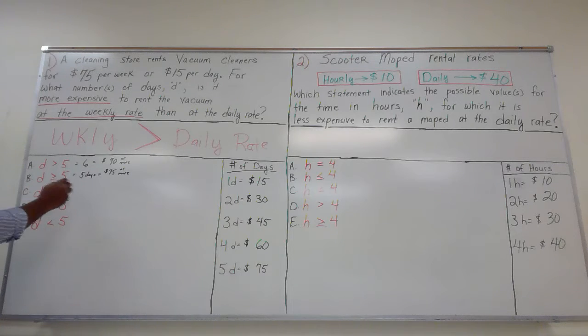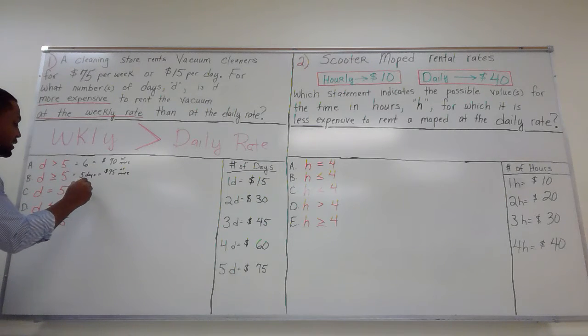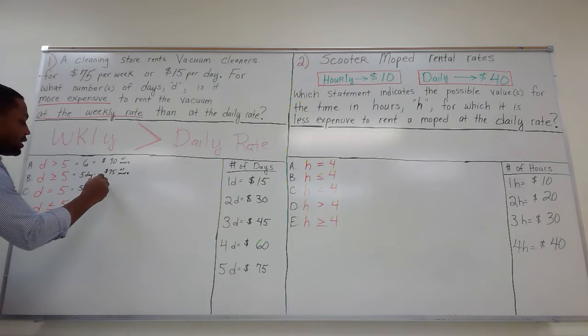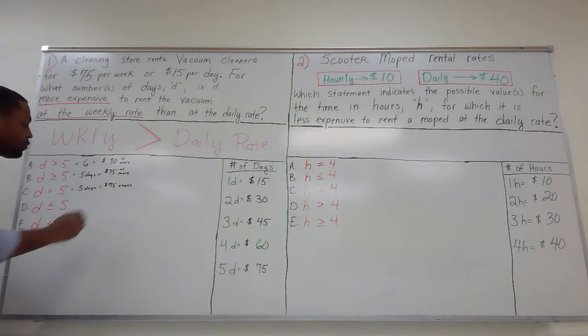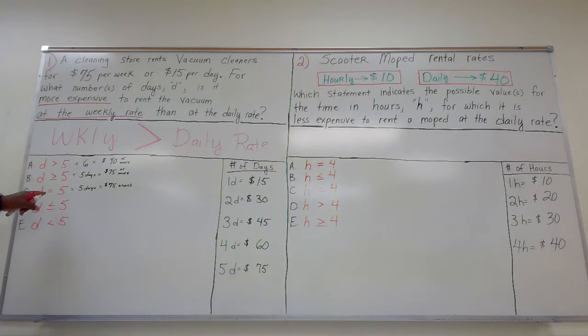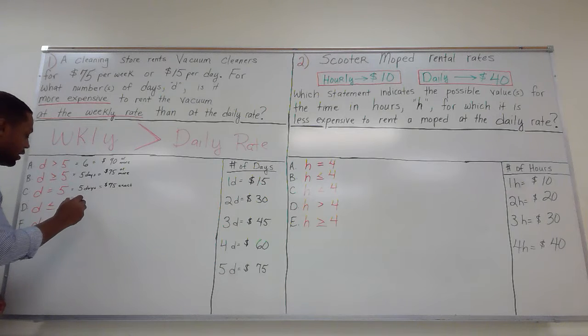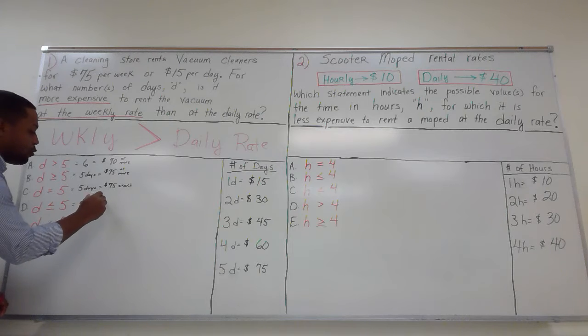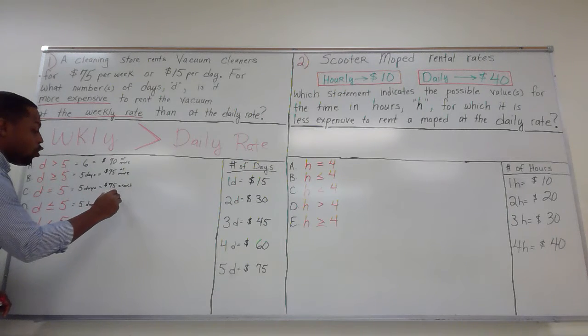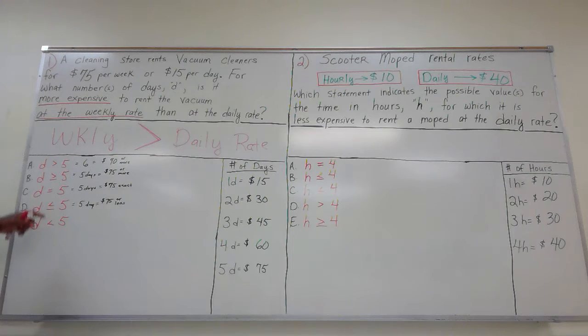C says D is equal to 5, so that's exactly 5 days, which is $75 exact. D says D is less than or equal to 5, so that could be 5 days, so that would be $75 or less. It could be 5, but it could also be something less than 5 as well. And E says D is less than 5.